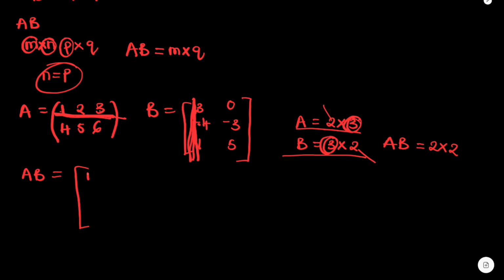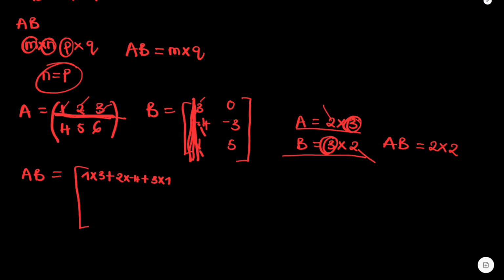So we take the first case, 1 times 3, plus, we are adding them, 2 times -4. The first element of the first row, 1, corresponds to 3. The second with its correspondent -4. The third with its correspondent 1. So we have 1 times 3 plus 2 times -4 plus 3 times 1.